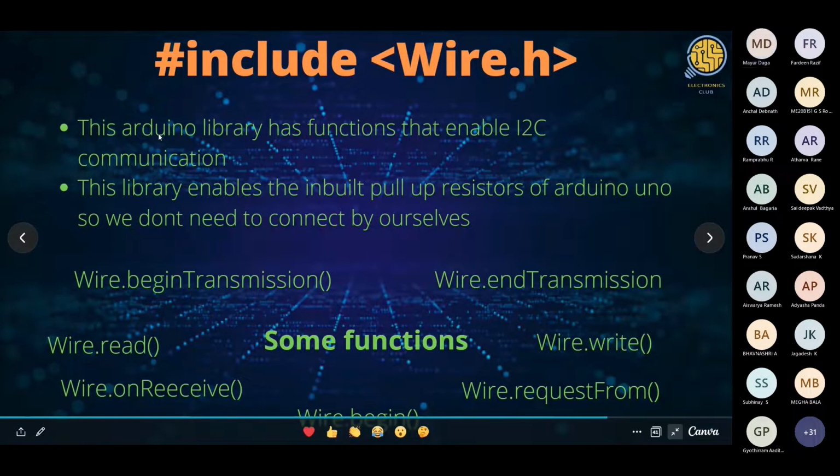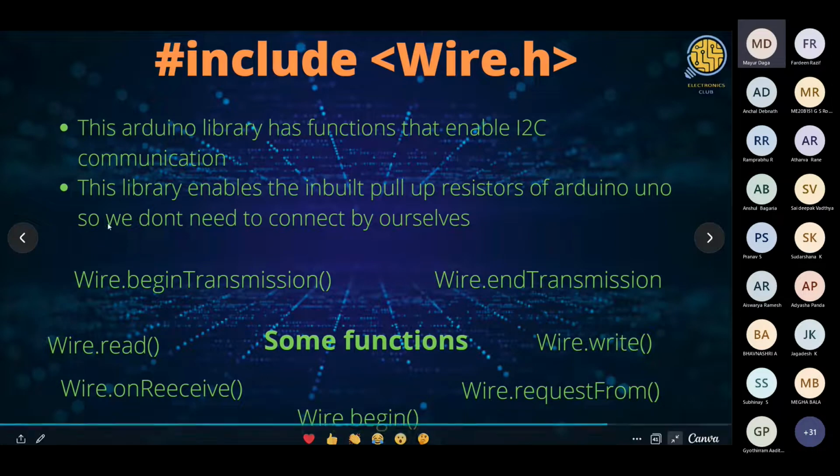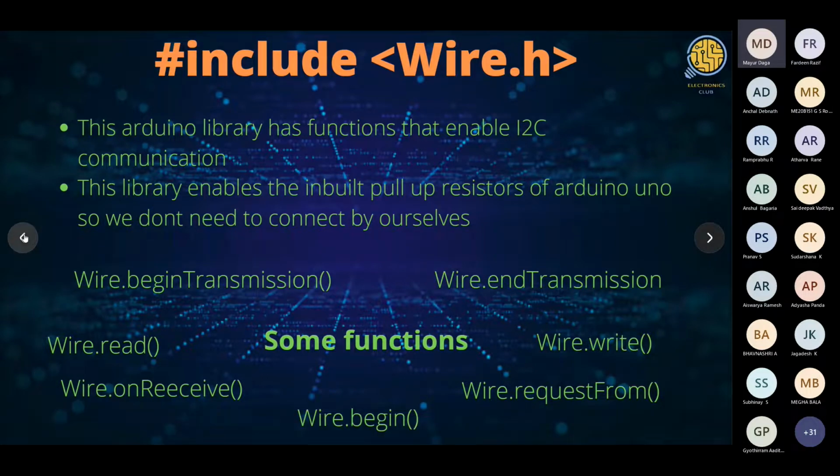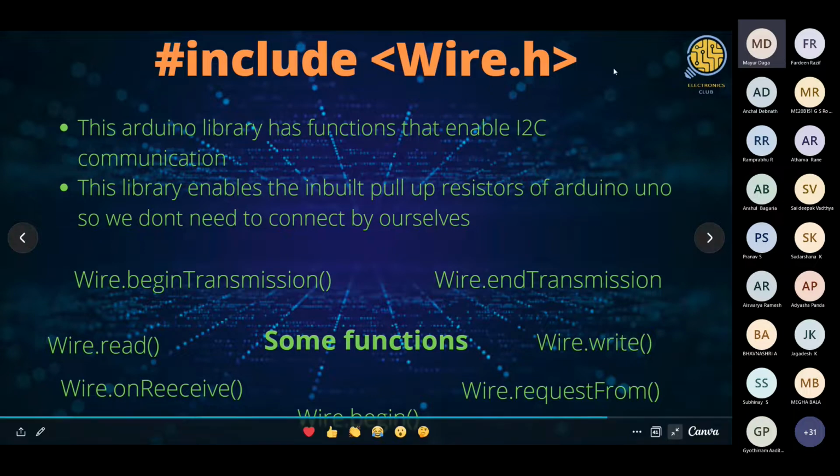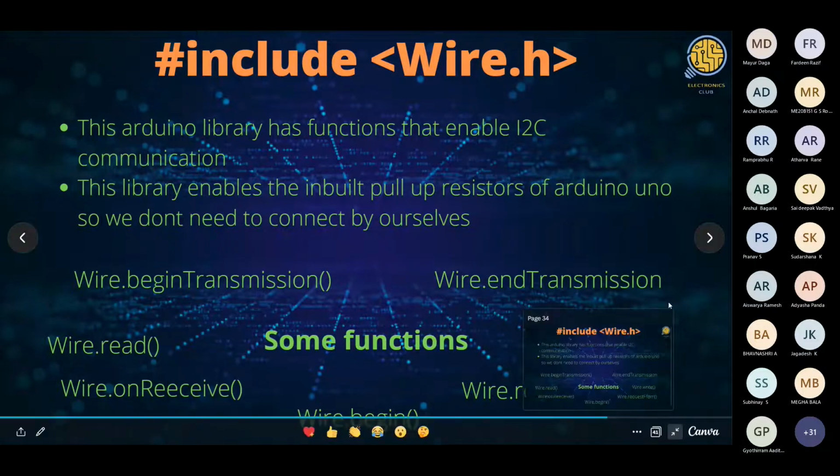This library enables the inbuilt pull-up resistors of the Arduino Uno, so we don't need to connect them ourselves. Like you would have seen in the slides before, there were two resistors connected. By including this library, the Arduino sets the inbuilt pull-up resistors. And yeah, these are some of the functions of it.